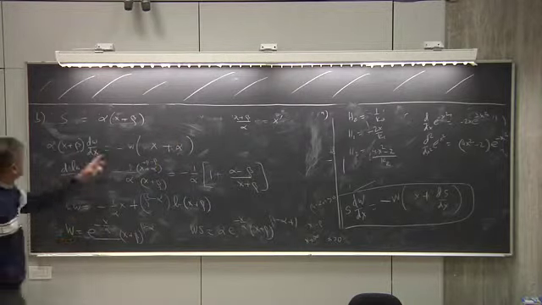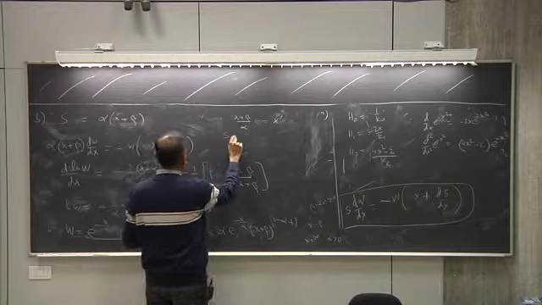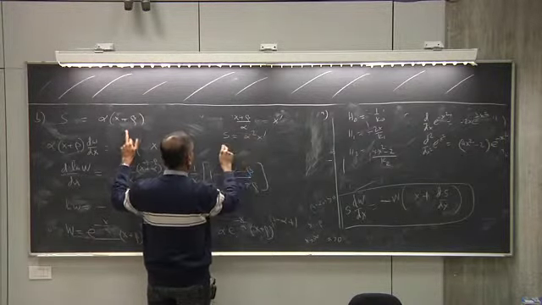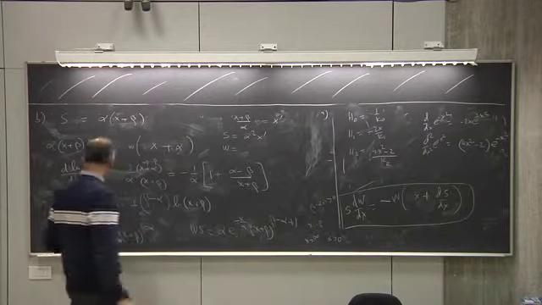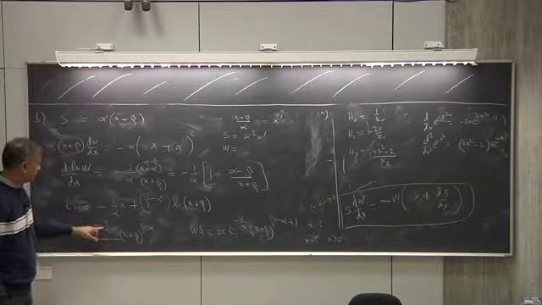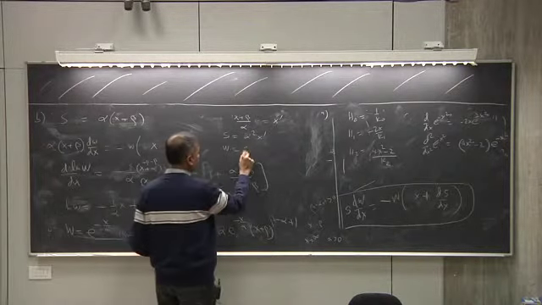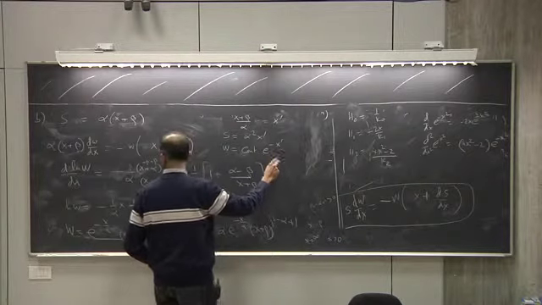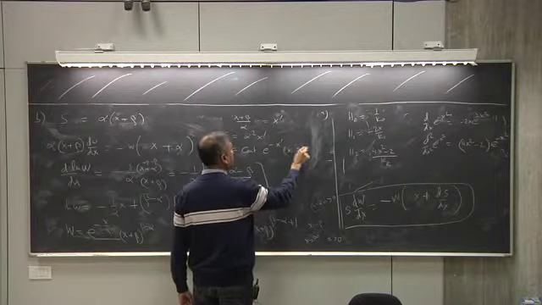In that case S becomes alpha squared times x prime, and W becomes, up to some constant, e to the power of minus x prime times x prime to the power of (beta minus alpha).